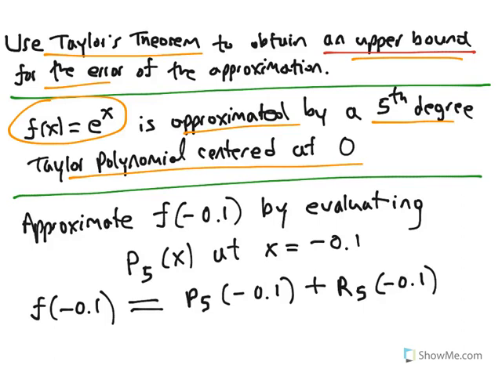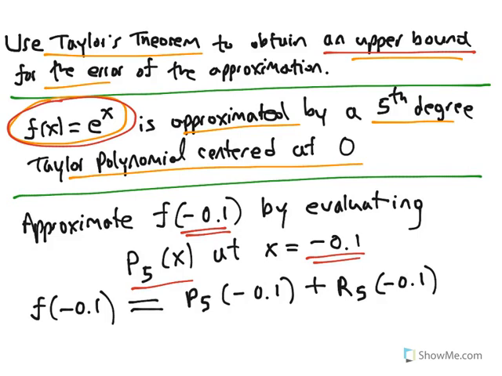We want to approximate f of x is equal to e to the x evaluated at x is equal to negative 0.1. Approximate the function f at negative 0.1 by evaluating the fifth degree Taylor polynomial centered at 0 at x is equal to negative 0.1.